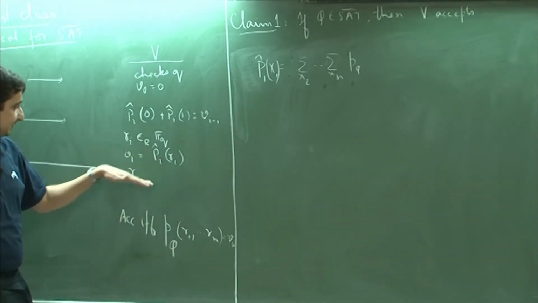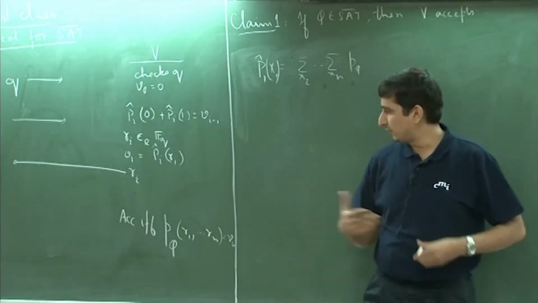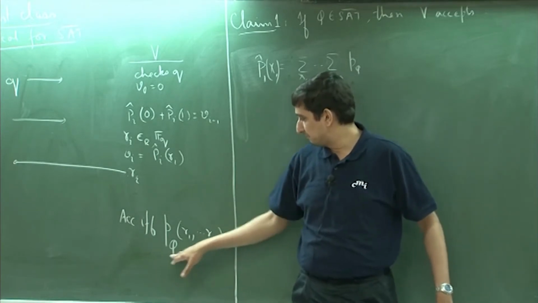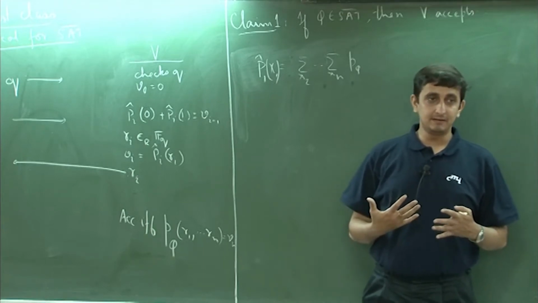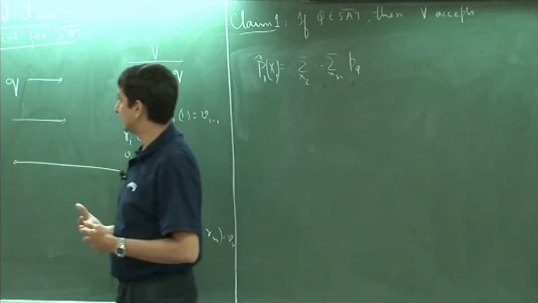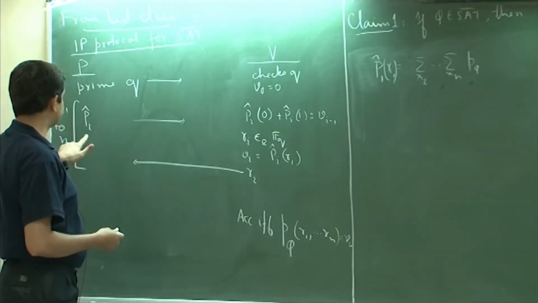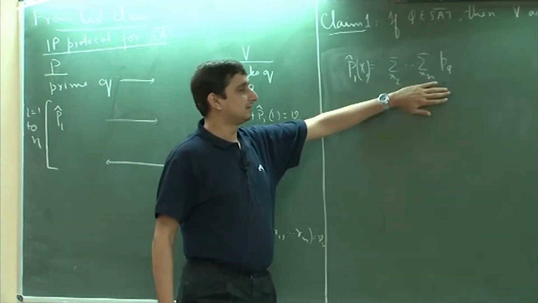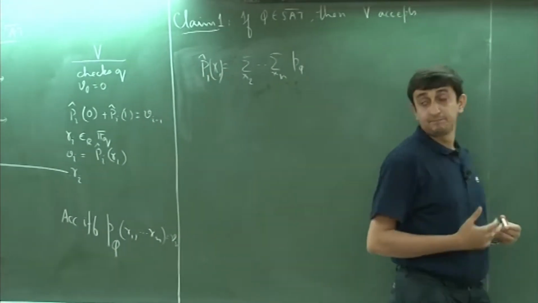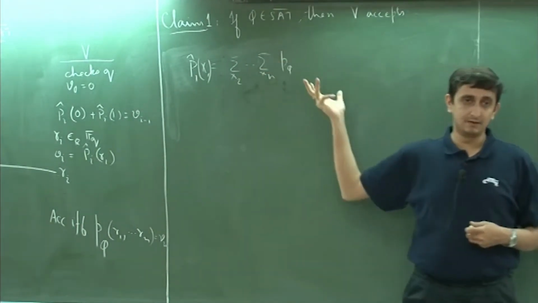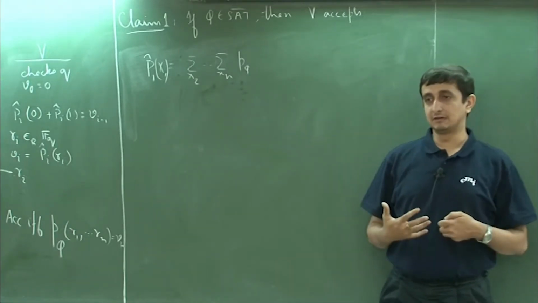By the definition of what the prover is sending, it will happen that finally this will be equal to Vn. But the point is that nobody has restricted the prover to send exactly this polynomial at every step. If you look at the other side, suppose phi is satisfiable, then the prover also wants to convince the verifier that phi is unsatisfiable.